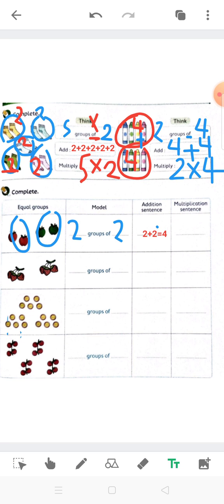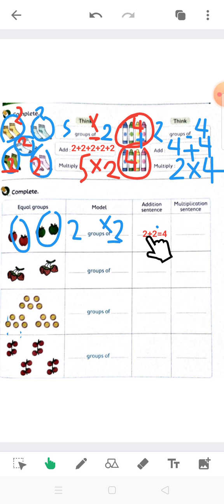Okay. I need to put the multiply sentence. Look here. 2 groups of 2. What does it mean? The word "of" means multiply. So it's 2 times 2. Look at the addition sentence.